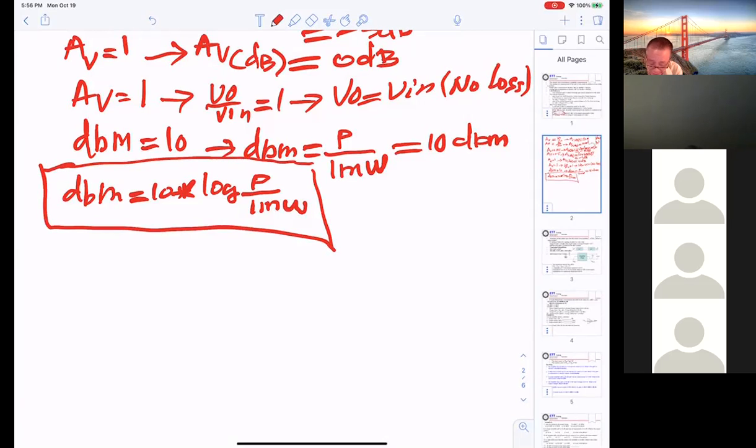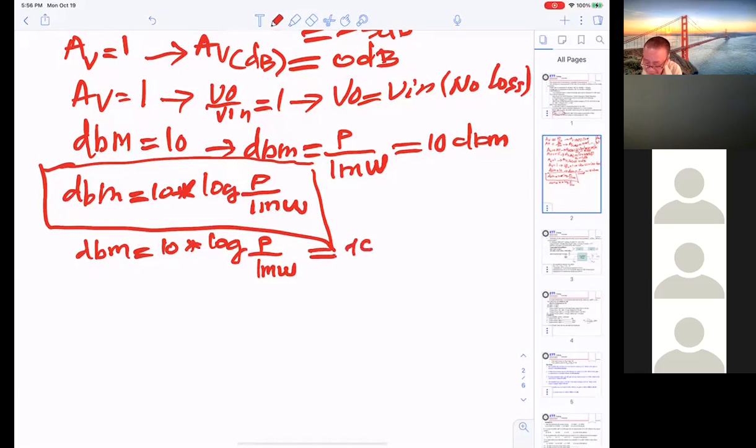And now you can get dBm, 10 log, and that they say equal 10.